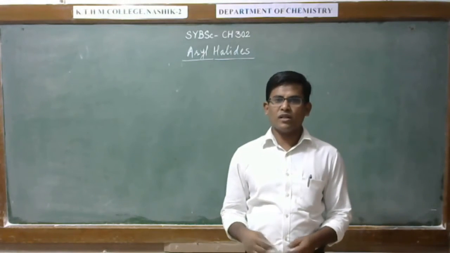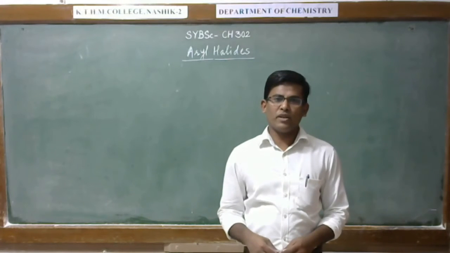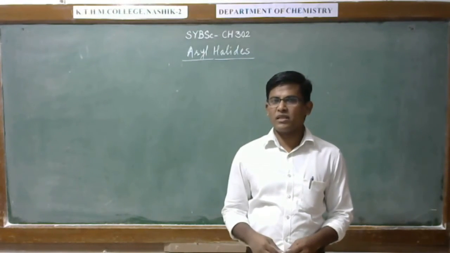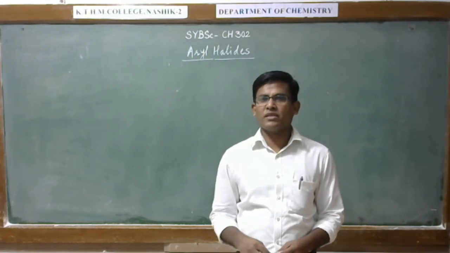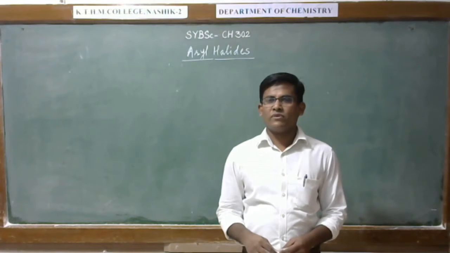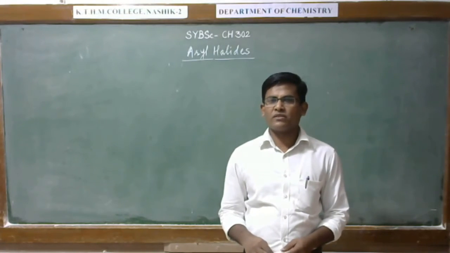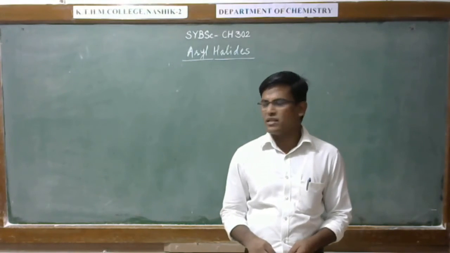Now let us move to another topic. Aryl halides are also capable of doing the reaction by the benzyne mechanism. When aryl halides, for example chlorobenzene, react with sodium amide in the presence of liquid ammonia, it gives aniline.